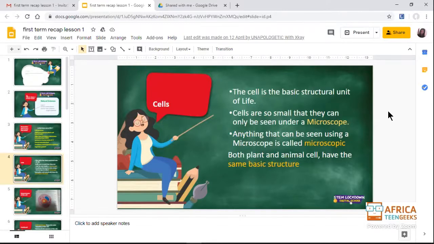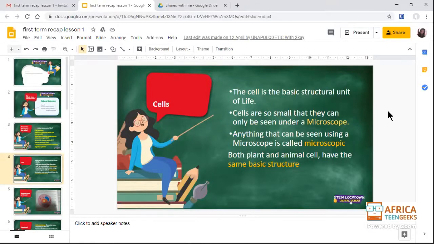All right, so both plant and animal cells have the same basic structure. So remember, both plant and animal cells have a nucleus and a cytoplasm. So both of these cells have a nucleus and a cytoplasm.